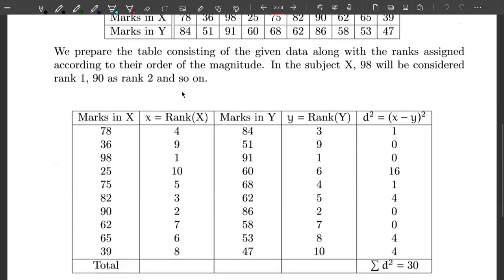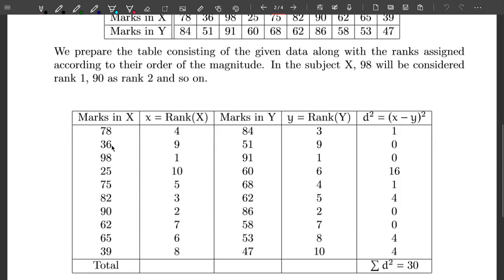So let's do that first. In the first subject, that is subject X, who has the maximum marks? The maximum marks here is 98. So first rank will be assigned to the student who has scored 98.